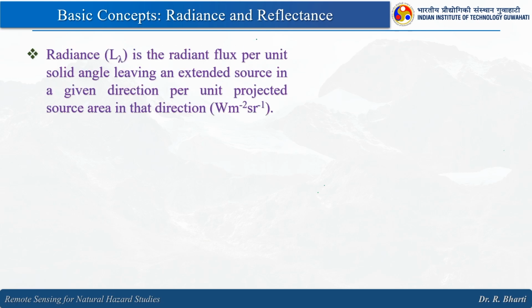So the radiance, now I will again explain. Let's say this is the source, this is the sensor, and this is the surface. This surface is receiving the intensity or the radiance from the sun, so we call it irradiance, right.